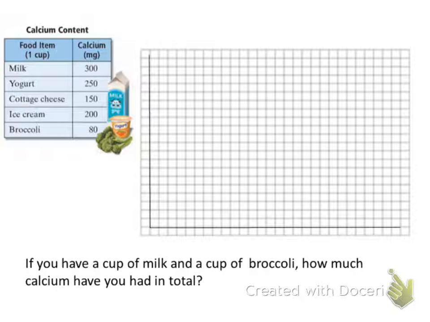Our next step is we need to label them. So what is going to go along our horizontal or our x-axis, which is this one down here? What's going to go along here is our food item. And it's important, see how here it says 1 cup? We need to make sure we put 1 cup along the bottom of our graph too, so people know the amount of food.